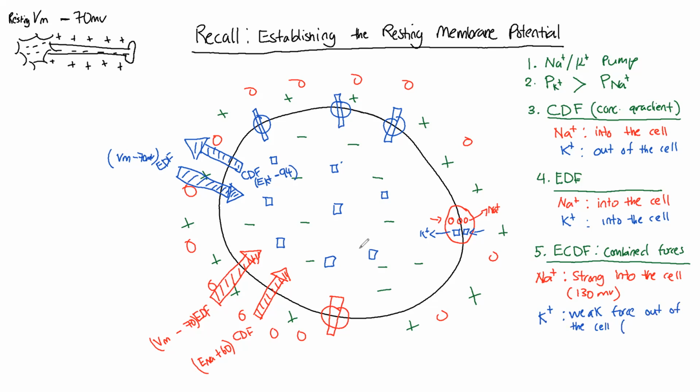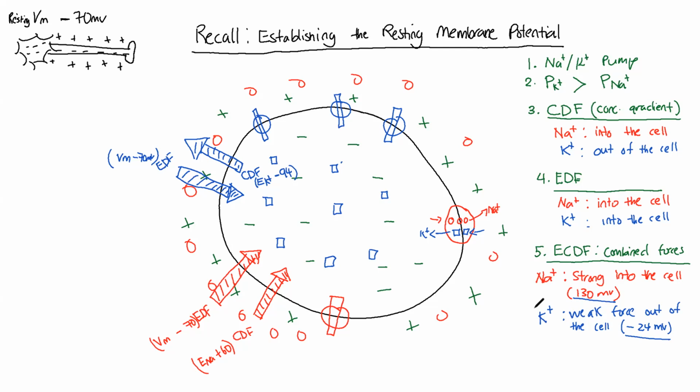And in terms of putting a value here, we simply subtract -70 from -94, and that gives us -24 millivolts. A simple way to put that is potassium doesn't really want to get out of the cell. It's kind of trickling out of the cell. So sodium really wants to get into the cell, a really strong value in terms of its combined ECDF. Potassium is just trickling out of the cell according to its weaker ECDF.